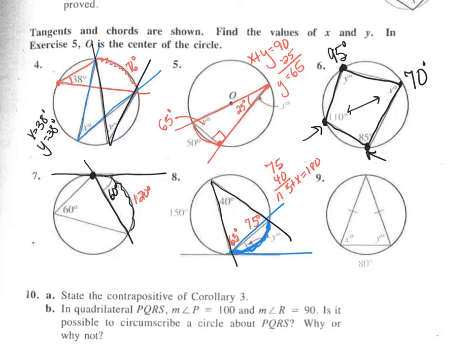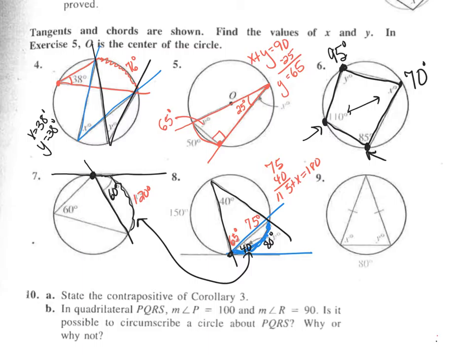So since 40 is an inscribed angle that intercepts that arc that I just colored in blue, then that arc itself must be 80 degrees. And we always take half of the intercepted arc to find an angle whose vertex is on the circle. So this type of angle and this type of angle are the same type. So we get 40 degrees.